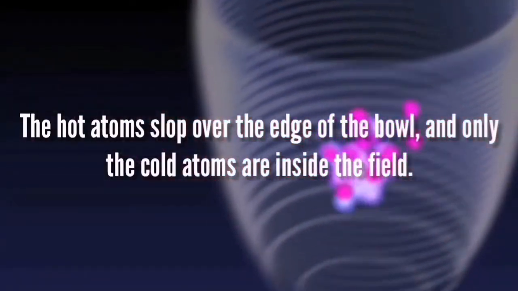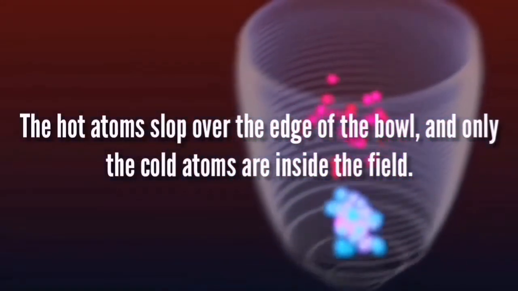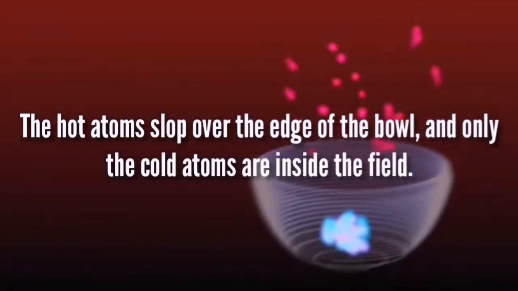What they did was cool the atoms, taken in a little bowl, to a very low temperature using lasers, but that temperature was not sufficient to obtain the Bose-Einstein condensate. Therefore, the lasers were turned off and the still not cold enough atoms were subjected to very strong magnetic fields. Now, the hot atoms slop over the edges of the bowl and the remaining ones get colder and colder. In this way, they were able to reach the temperature necessary to see the Bose-Einstein condensation.